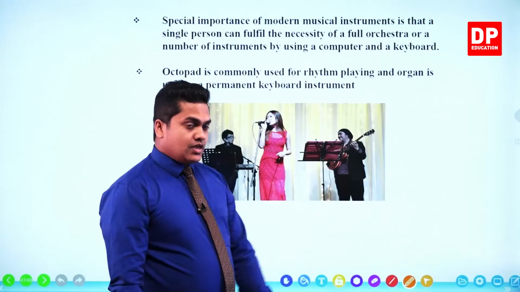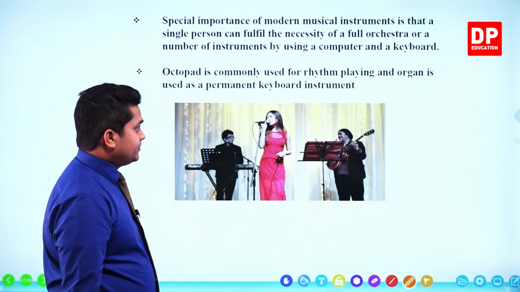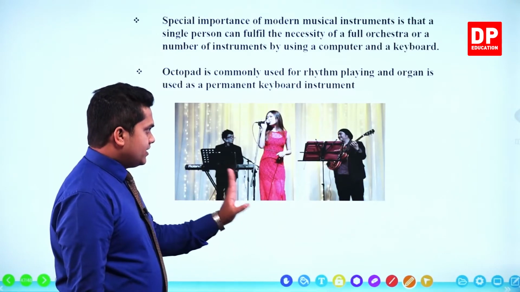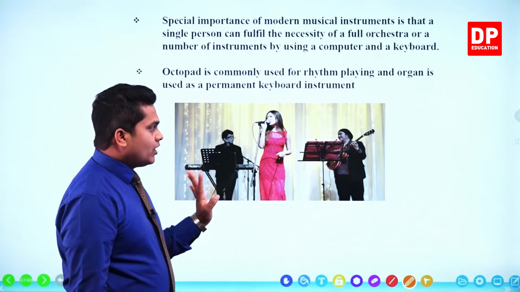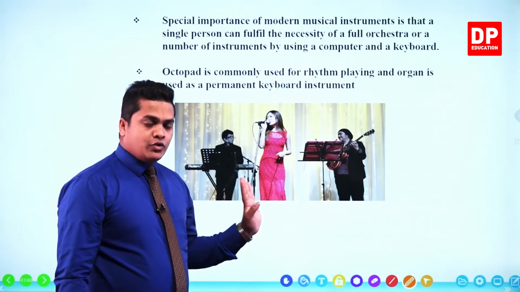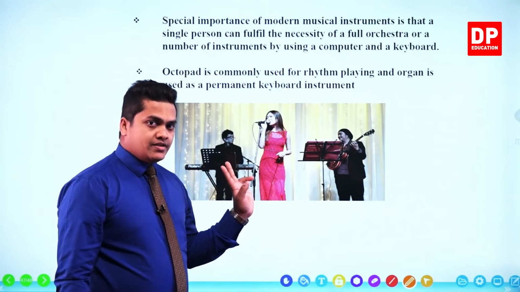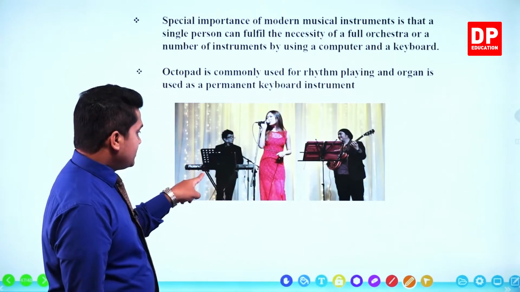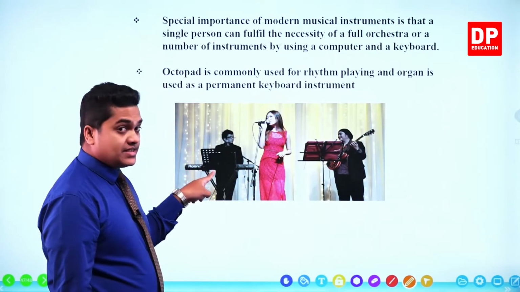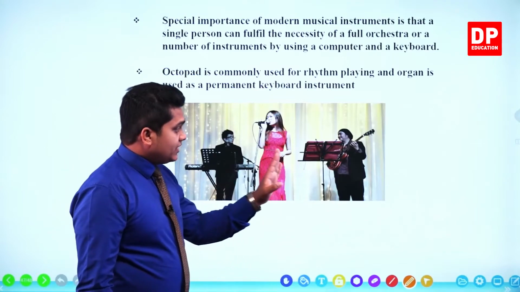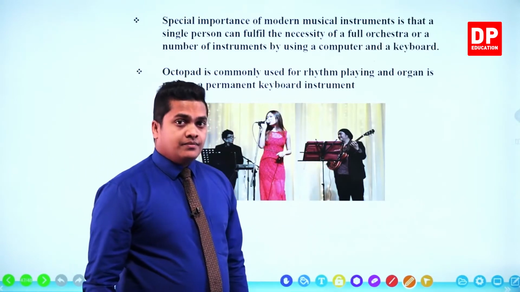Now, when you observe this slide, you can see that there is a singer, and in this band you can observe only two players. One has an organ or else a keyboard, and the other one just has a guitar.